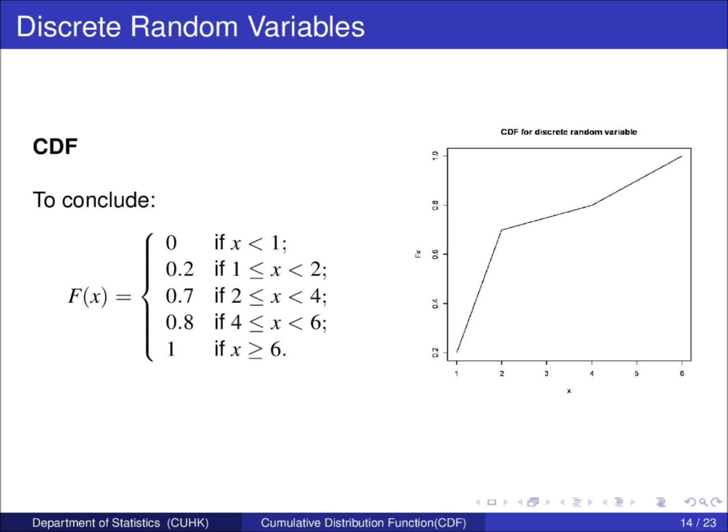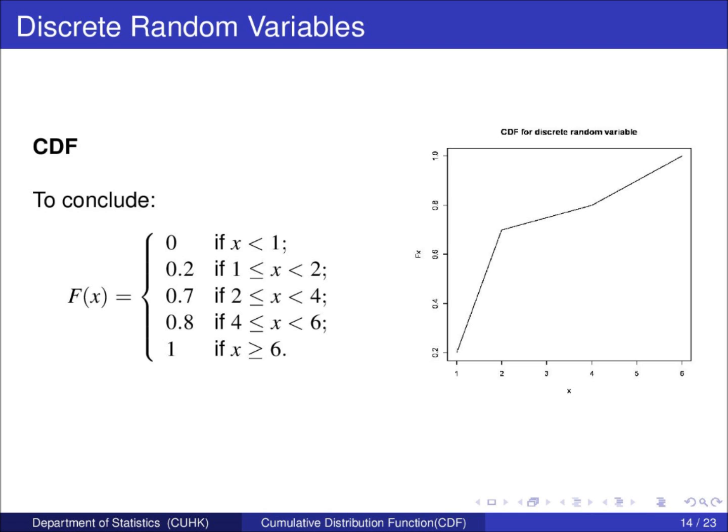To conclude, for the discrete case, we can write down the CDF F(x) is equal to 0 when x is smaller than 1. If x is larger than or equal to 1 but smaller than 2, the CDF will be equal to 0.2.